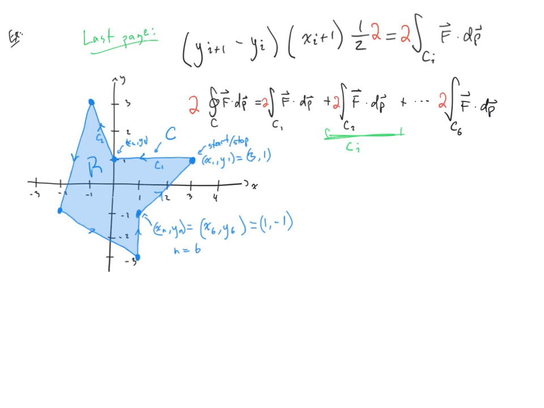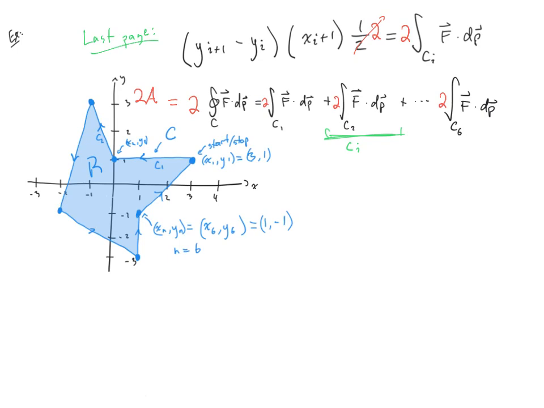I'm going to get 2 times the area that I want, which will just make my life easier, getting rid of the 1/2. If I do that, these cancel in my expression. And then my ith edge is just contributing this product of xi plus 1 with yi plus 1 minus yi.